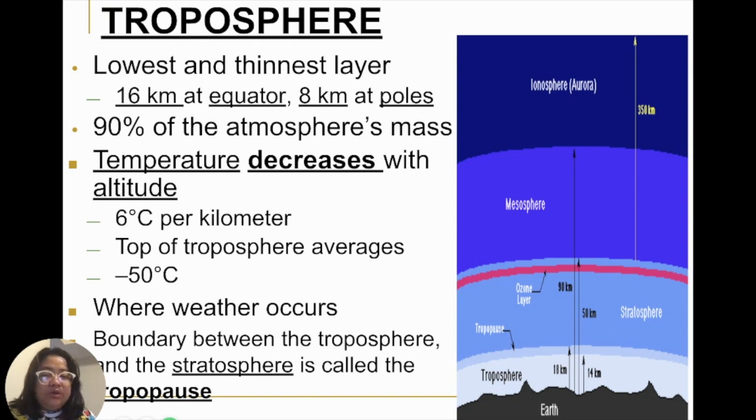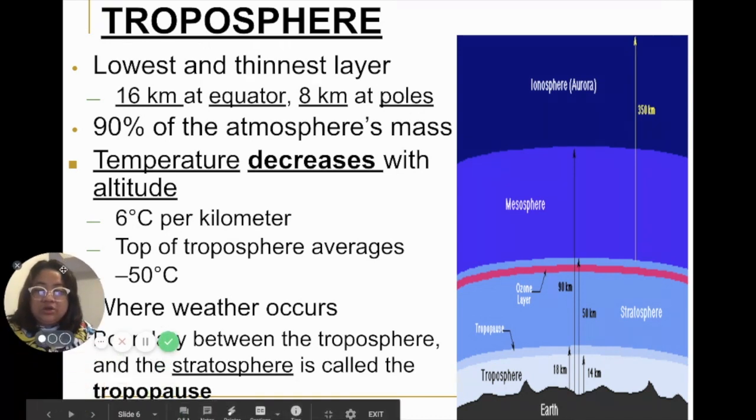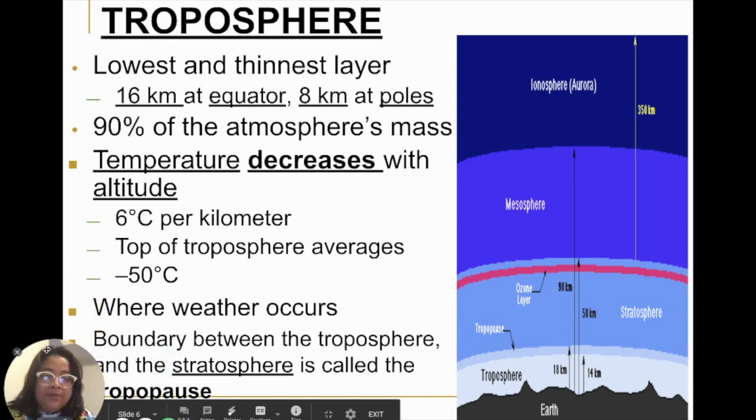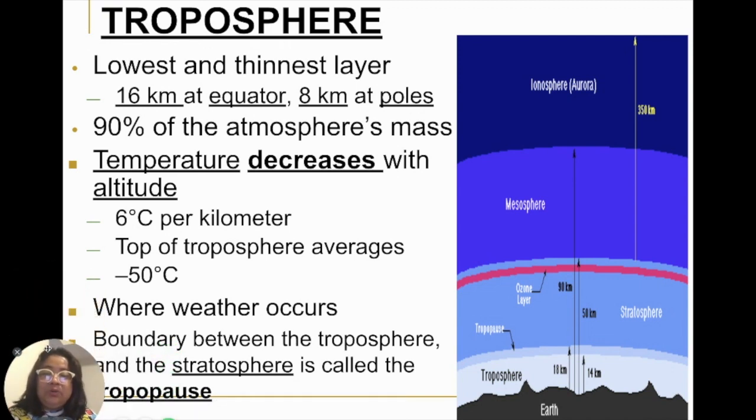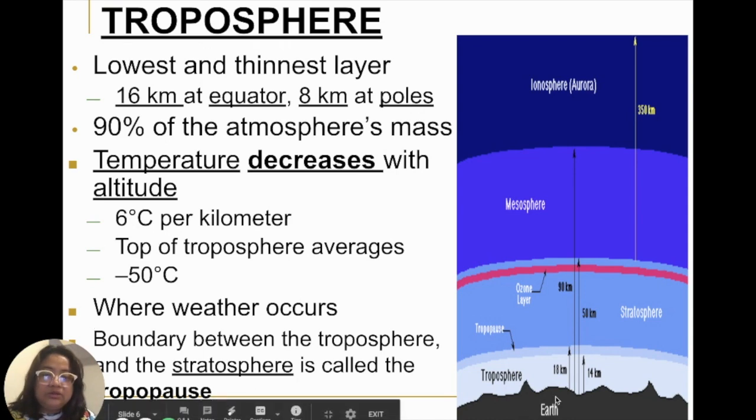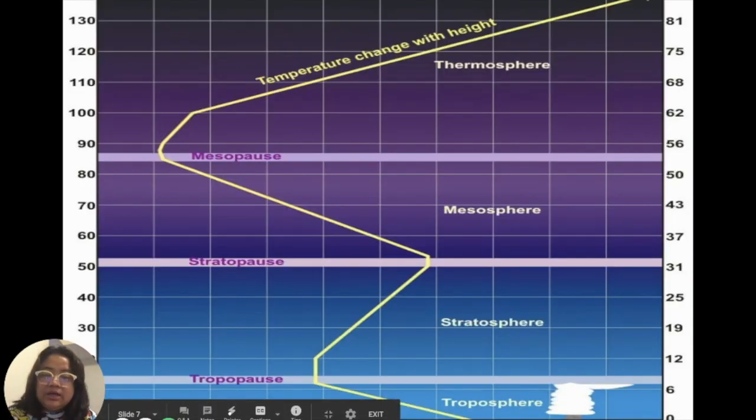The boundary between the troposphere and the stratosphere is what we call the tropopause. Again, the boundary between the troposphere and the stratosphere is the tropopause. As you can see in here, this is your troposphere.